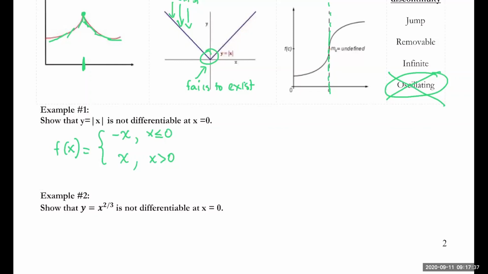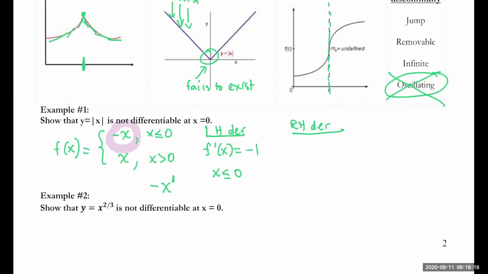And then if we're taking a look at the derivative, because you know how to take the derivatives of these, let's say left-hand derivative versus right-hand derivative. What's the derivative of -x, for x less than or equal to 0? -x has a 1 exponent. -1, yes, thank you, Andrew.